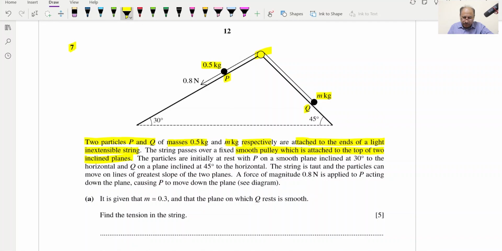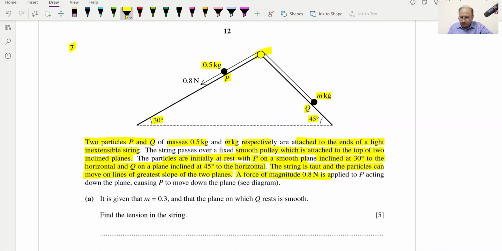The particles are initially at rest, with P on a smooth plane inclined at 30 degrees to the horizontal, and Q on a plane inclined at 45 degrees to the horizontal. The string is taut and particles can move on lines of greatest slope of the two planes.